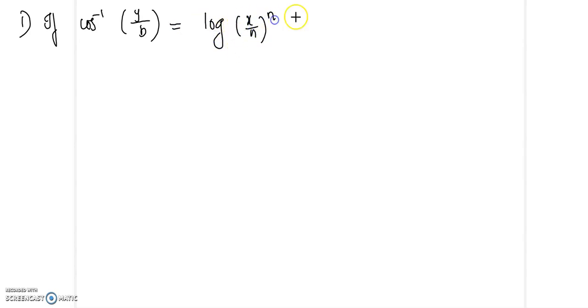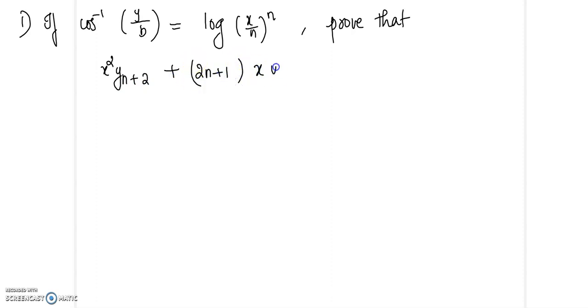So if we have cos inverse of y by b equal to (log x by n) whole power n, then we need to prove that x square y_(n+2) plus (2n+1) x y_(n+1) plus 2n square y_n is equal to 0.